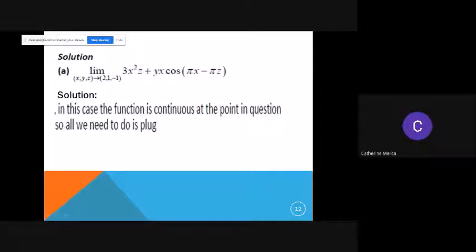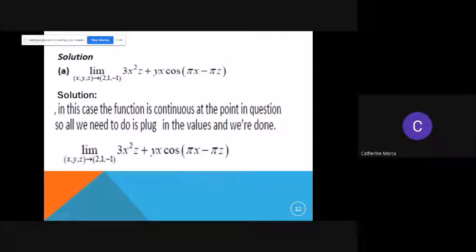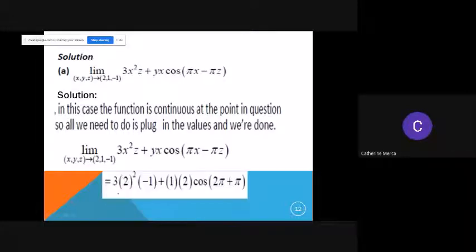Our x is 2, and z is negative 1. Then y here is 1, so y approaches 1. X here is approaching 2, so that's why you have 2 here. And then you have cosine of pi x minus pi z.